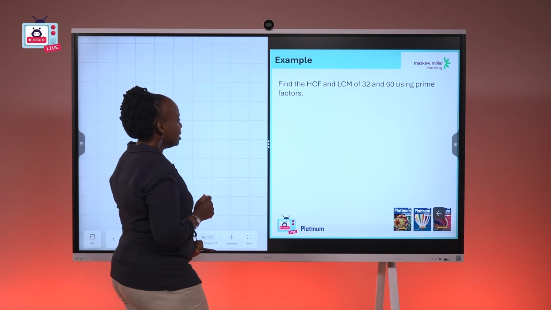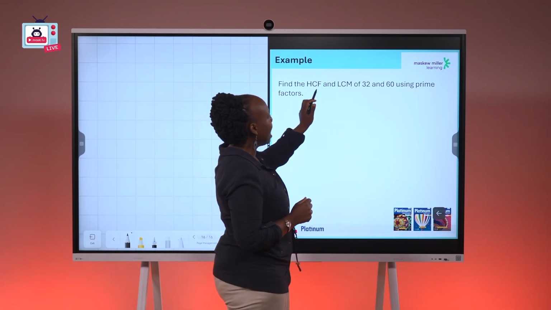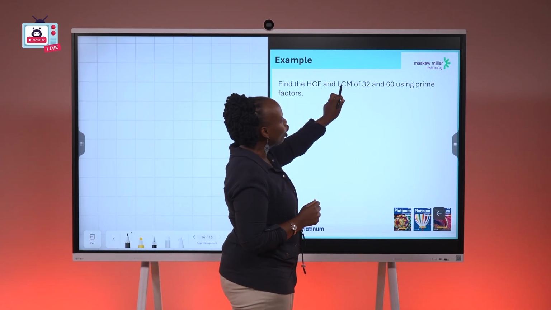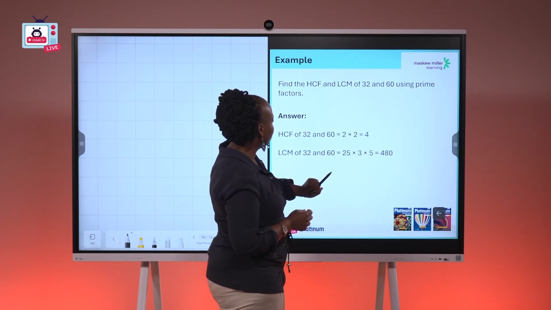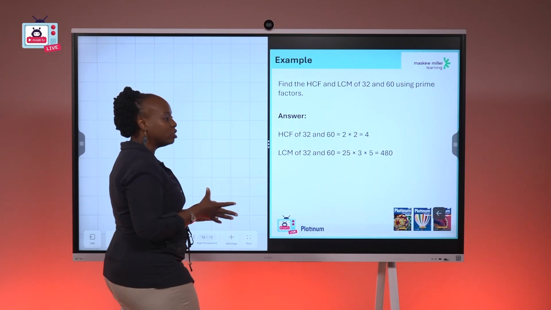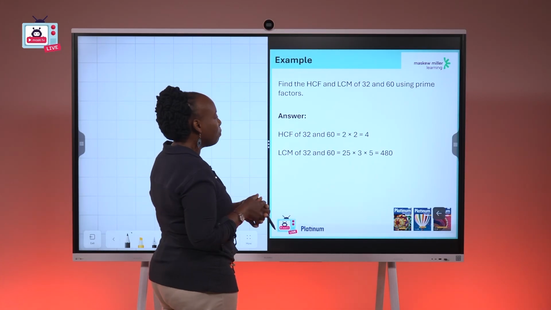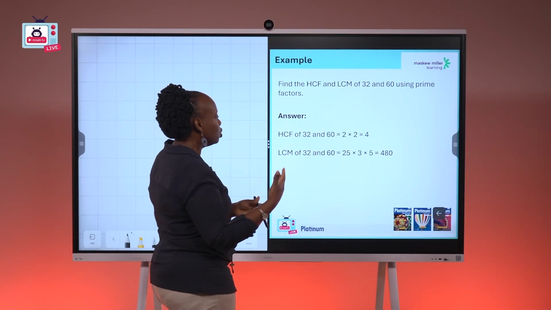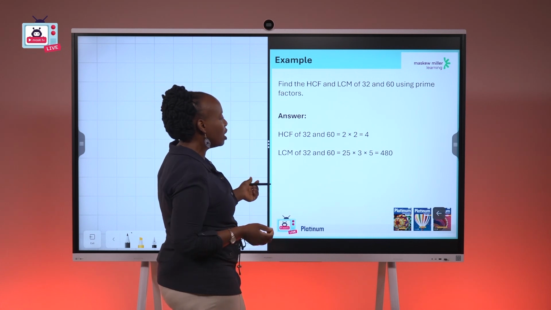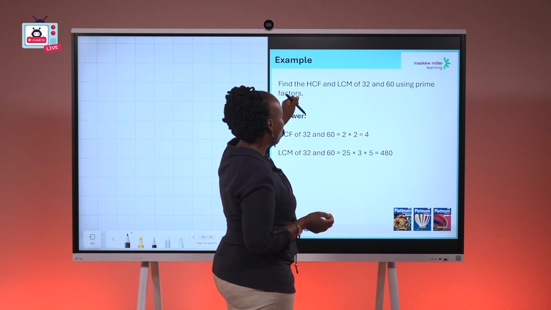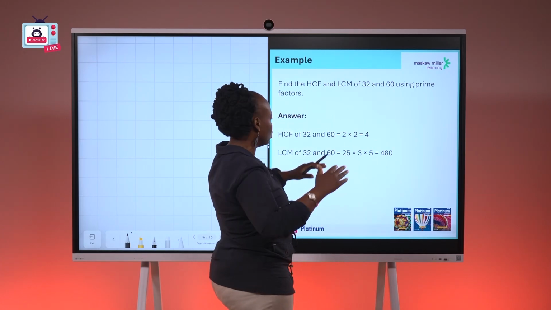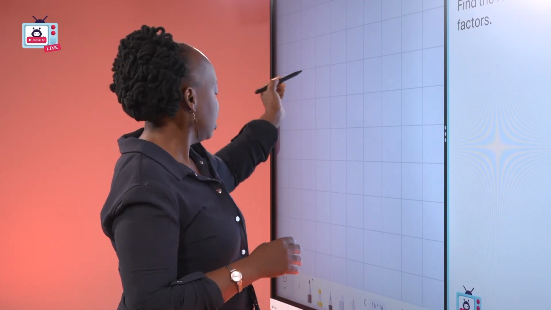Okay, right. So here you can see we say find the highest common factor and the lowest common multiple of 32 and 60. So we're literally using the similar numbers. To find the highest common factor, what you do is you split each number into its prime factors. Let me show you how we're going to do that nicely.